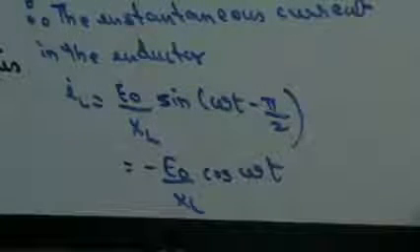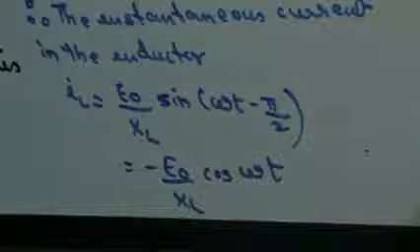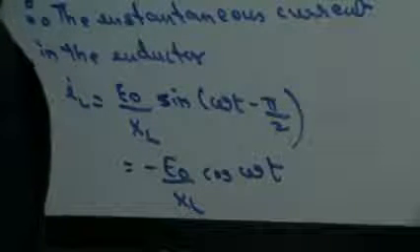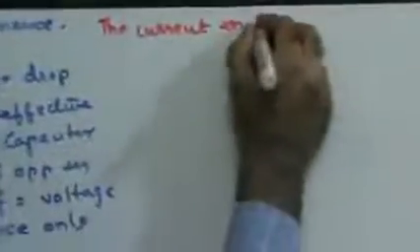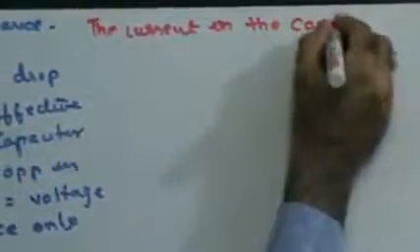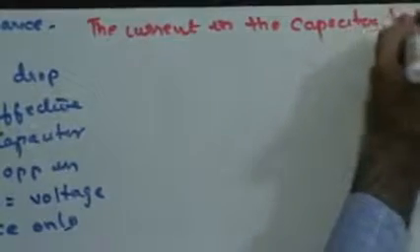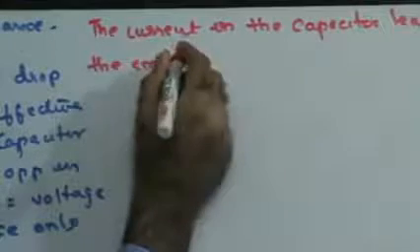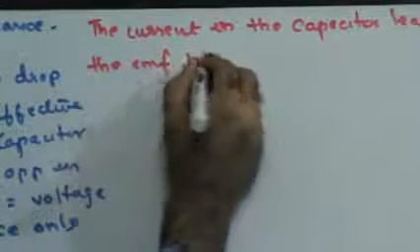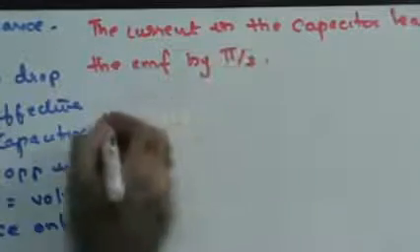Now, I can say that the current in the capacitor leads the EMF by pi by 2 radians, right?